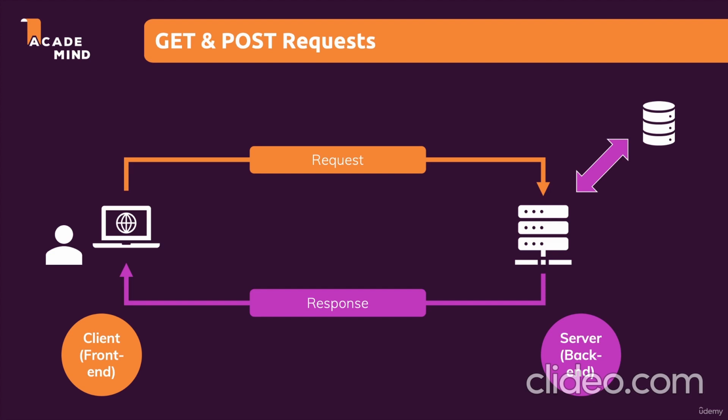Now, when it comes to sending that request, though, we, on the client, we can define with our code that runs in the browser which kind of request that should be. And the default, in many cases, especially if we don't configure anything in our HTML code, is that a GET request is sent.